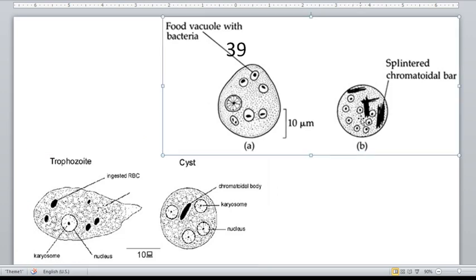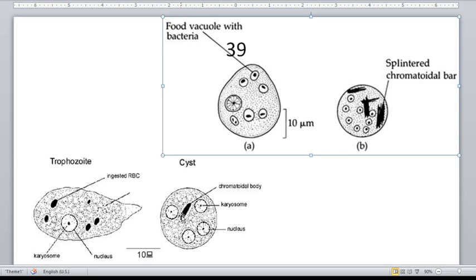The Entamoeba coli is more granular. It has more granules in its cytoplasm, both the trophozoite and the cyst stage. Less granular si Entamoeba histolytica. Fourth, that is splinter-like. The chromatoidal bodies of Entamoeba coli have splinter-like, pointed ends. Round, blunt ends for the chromatoidal bodies of Entamoeba histolytica.